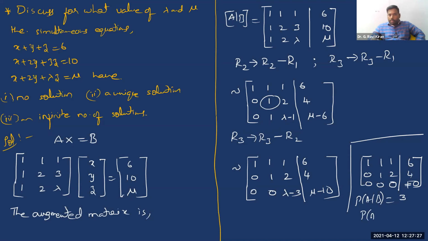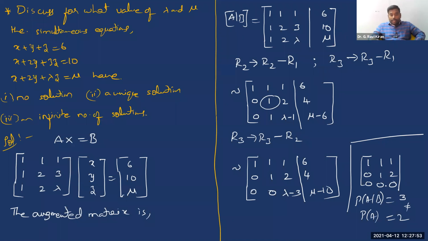But if you look at only matrix A, you simply ignore this last column. When you ignore this last column, the remaining is matrix A, but there are only 2 non-zero rows now. The third row is completely a 0 row. Since there are only 2 non-zero rows, you can say the rank of A is 2. Right? Since this is 2 and that is 3, these 2 are not equal. Then the system does not have a solution.